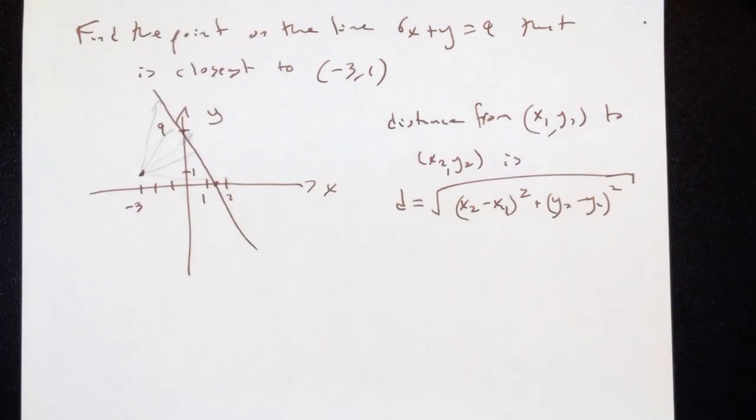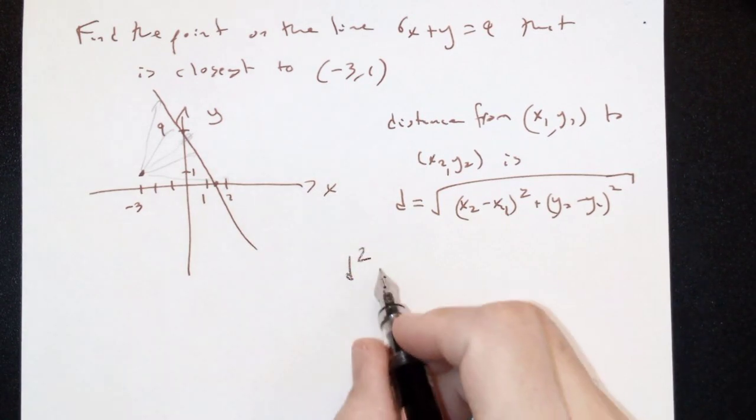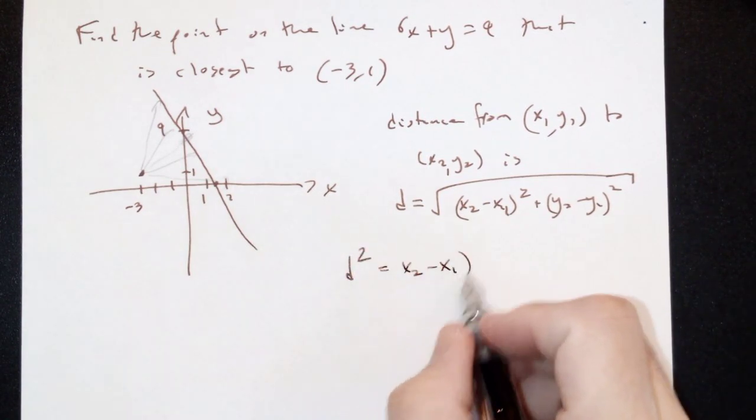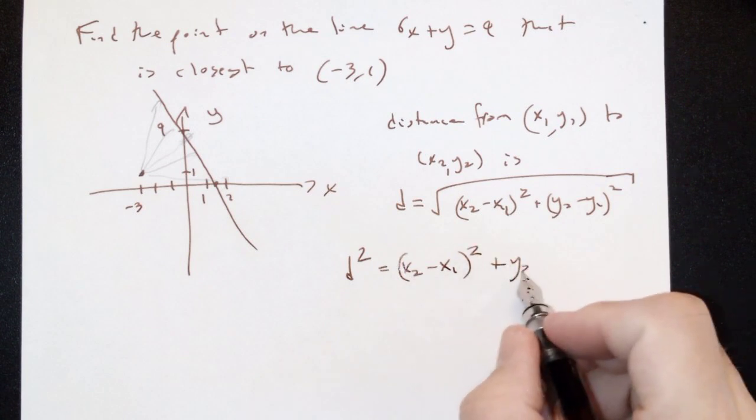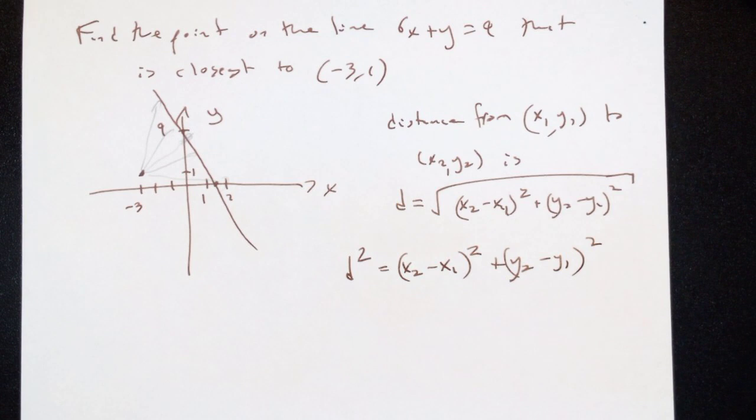And when you have a monotone function, it's always going up, you can use that as a transformation. So instead of just looking at this d, I'm going to look at its square. And if I can minimize that, that's good enough.